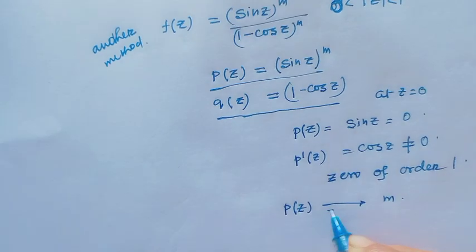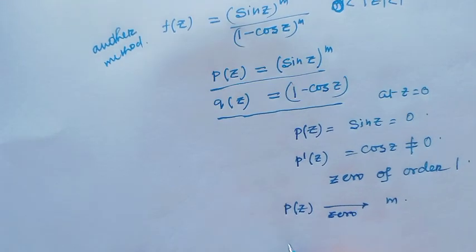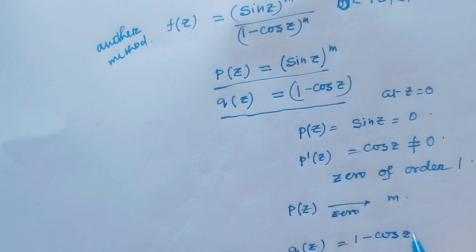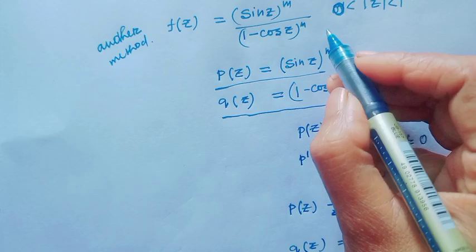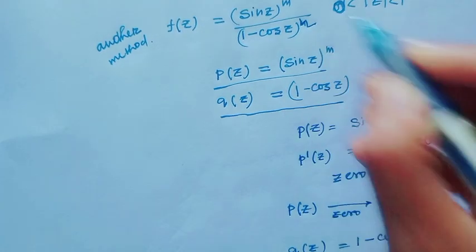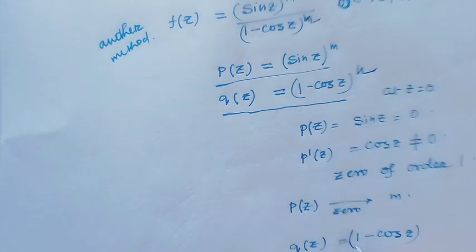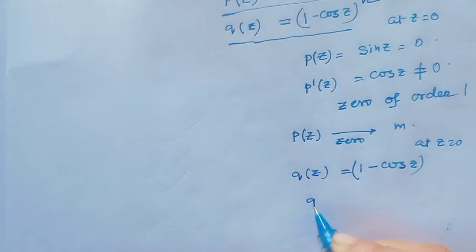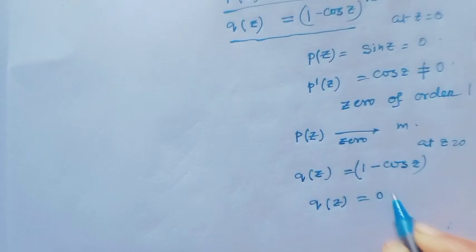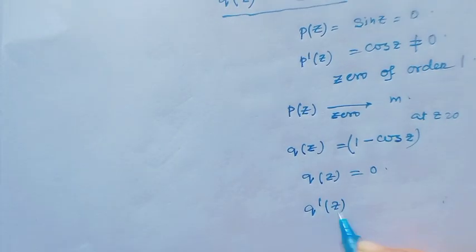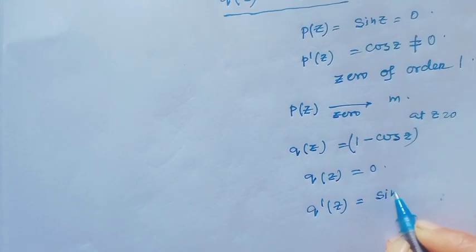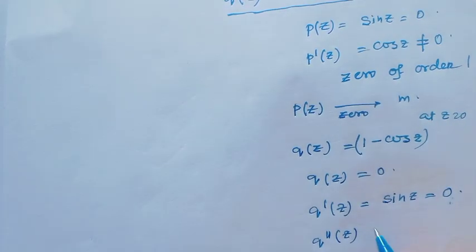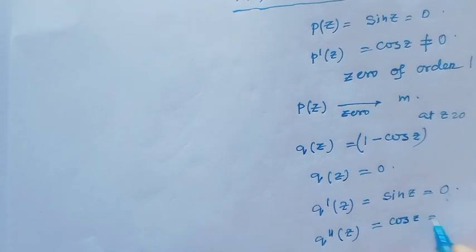Similarly, q(z) equal to 1 minus cos z, here to the power n. At z equal to 0, q(z) equal to 0, q prime z equal to sin z. At z equal to 0, this is also 0, q double prime z equal to cos z, at z equal to 0, this value is 1.